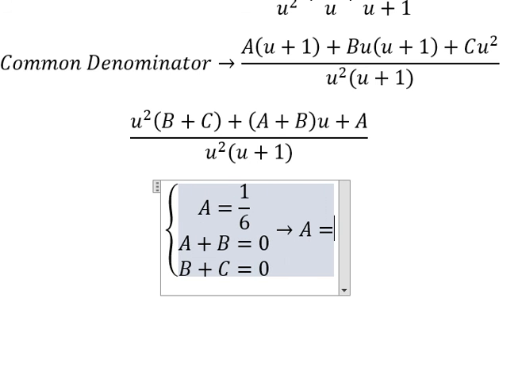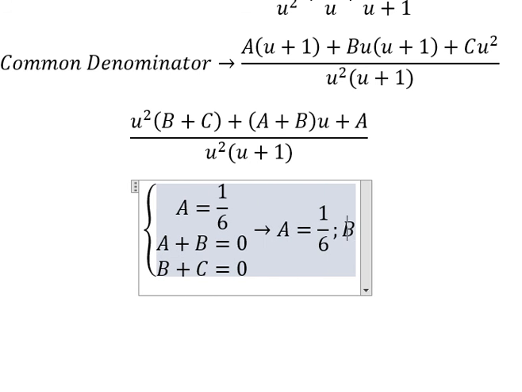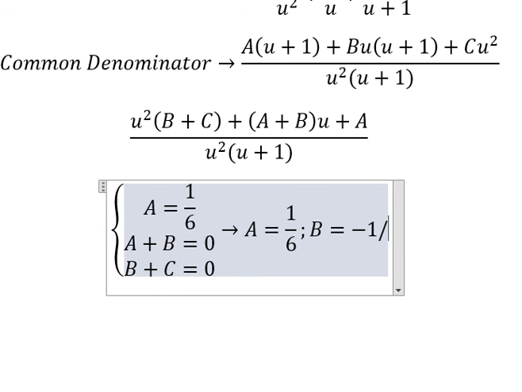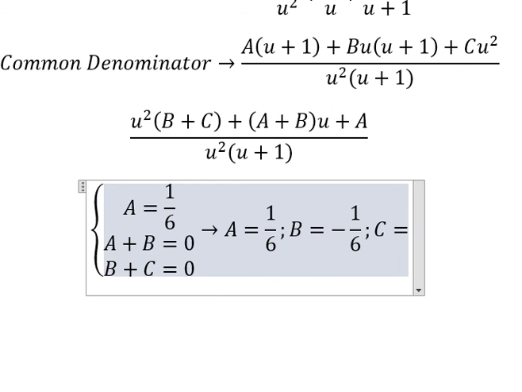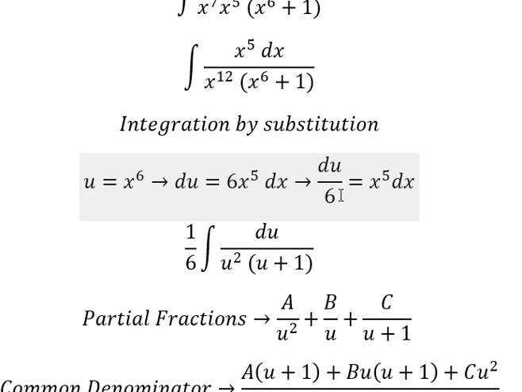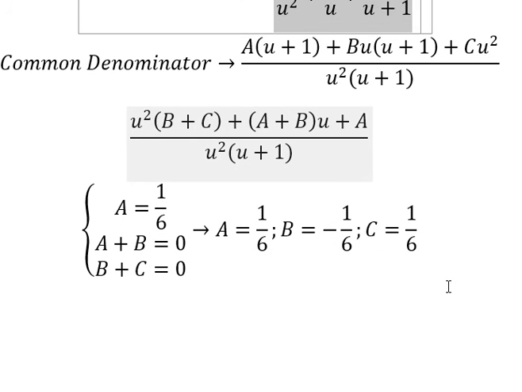So we have a equal to 1 over 6, b equal to negative 1 over 6, and c equal to 1 over 6. So we put this one in here.